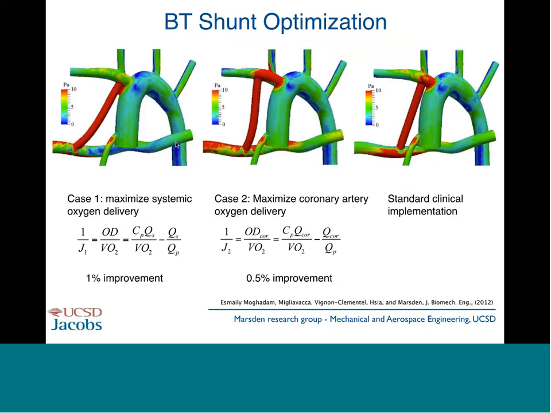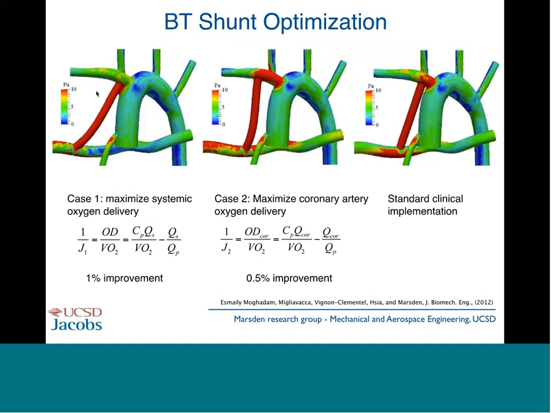So one of the first things that we attempted, and these were simulations performed by my student Madi Esmaili Mogadam in my group here at UCSD, was to do optimization on the existing surgery. So we ran a series of optimization studies with a couple of different cost functions aiming to maximize oxygen delivery.